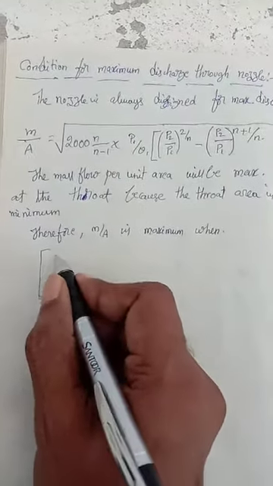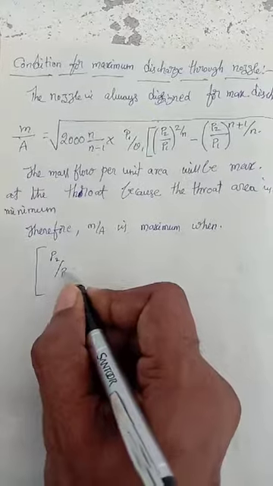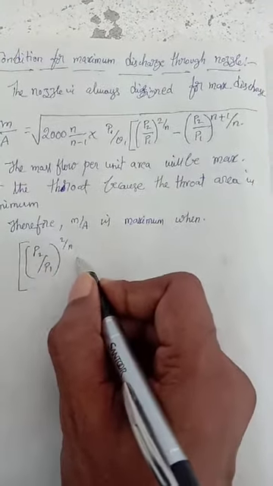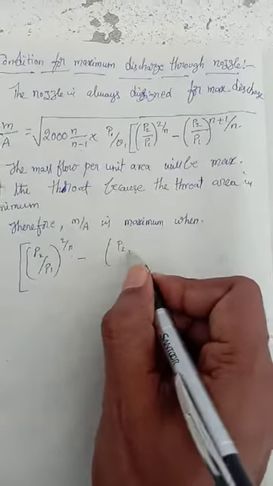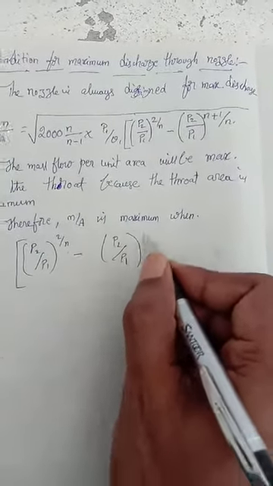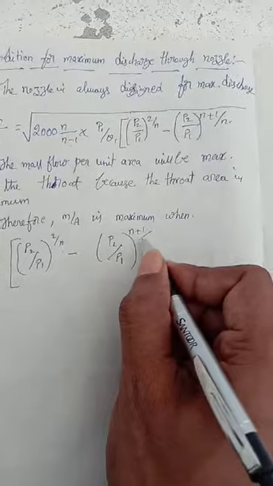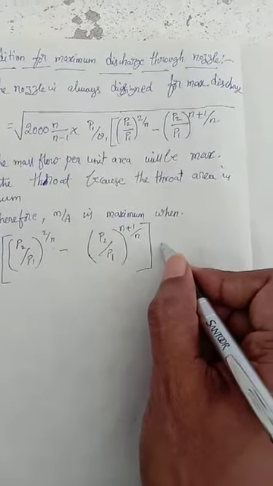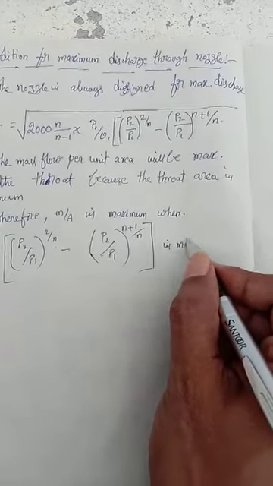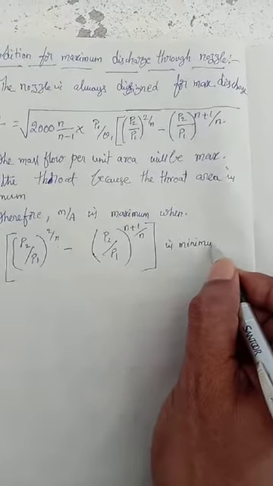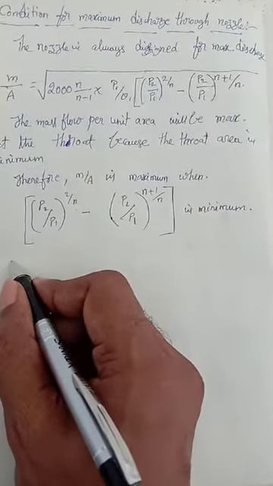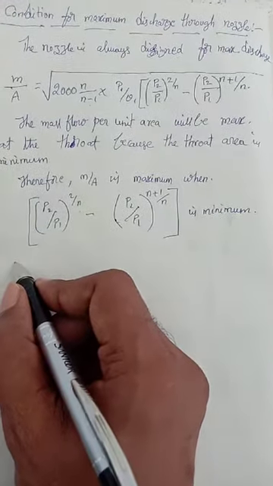Okay, so P2 by P1 to the power 2 by n minus P2 by P1 to the power n plus 1 by n. So now this is minimum, minimum value for maximum discharge.